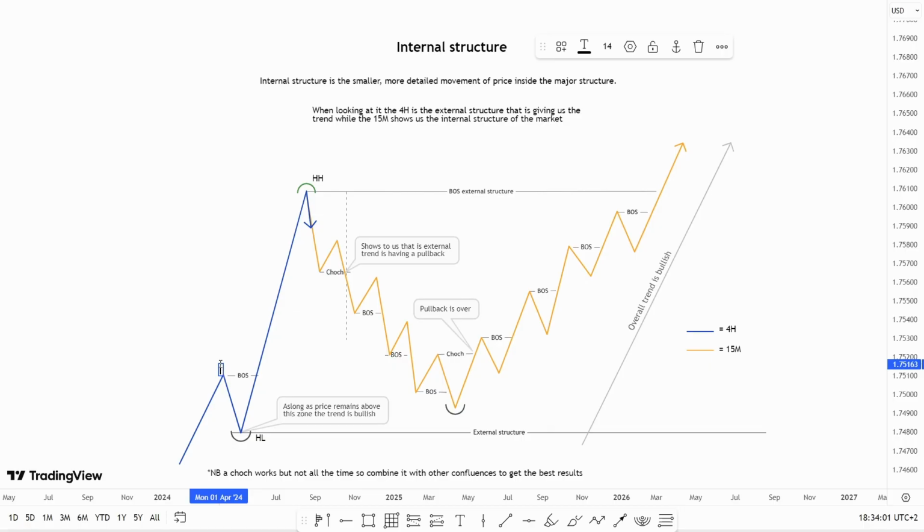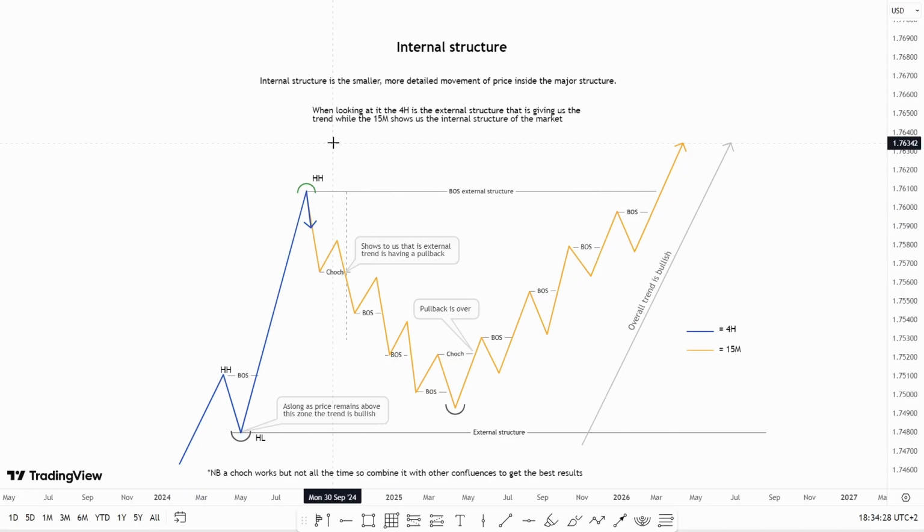Price came in, broke above that zone, created a lower high, telling us that there were not enough sellers in the market to break below this point, showing us that buyers are still aggressive in the market, which pushed the price back high. But then what did price do after it reached its swing high? What did I say about swing high? Swing high is the highest point before a price forms a pullback.